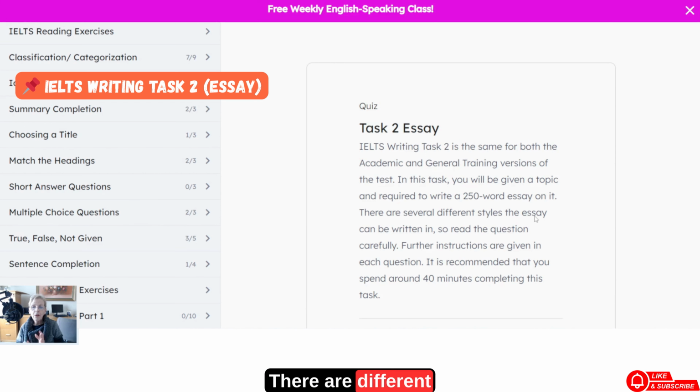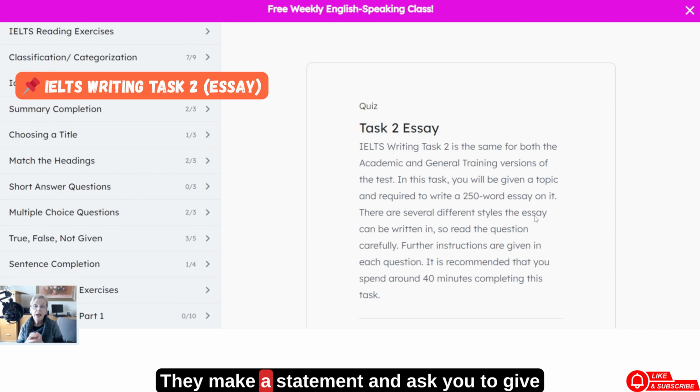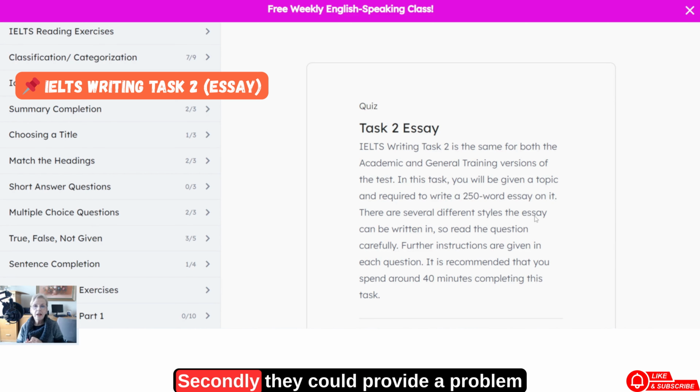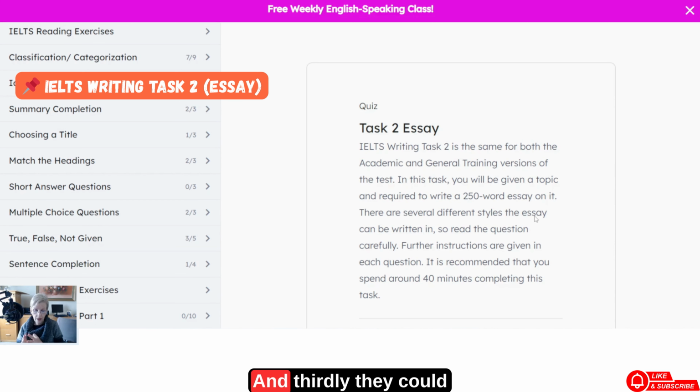There are different questions that can be asked. First of all, the topic could be they make a statement and ask you to give your opinion. Secondly, they could provide a problem and ask you to give solutions to the problem. And thirdly, they could ask you for the advantages and disadvantages of a particular thing.